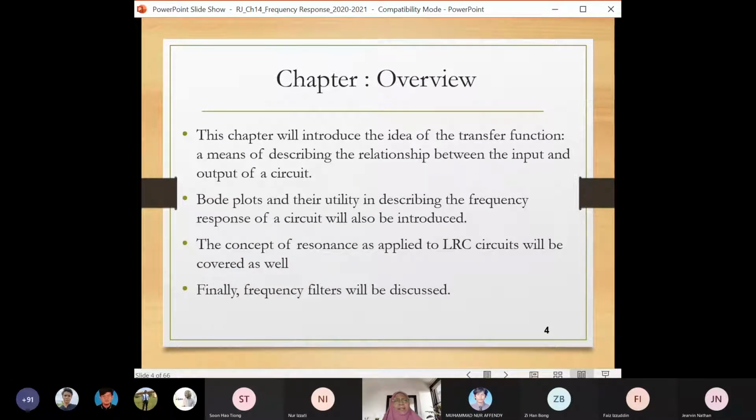Okay, and from this system, actually you can represent the system as input and output, and you can represent the system in terms of its transfer function. Given an input and then you have an output, so that the black box is in the middle. So what is the transfer function of the system?